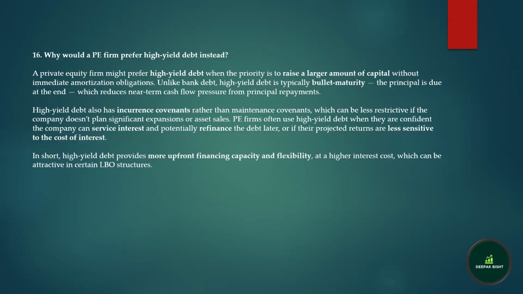And in an LBO, the ability to use leverage can significantly amplify returns, especially when combined with non-amortizing debt structures. By issuing a high yield bond, the private equity firm can use more debt while keeping monthly obligations manageable in the short term.